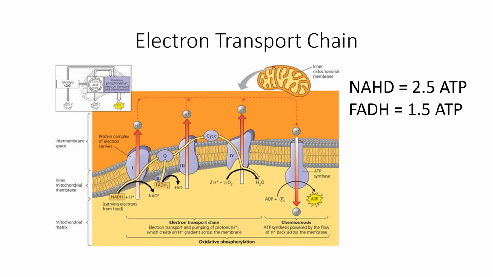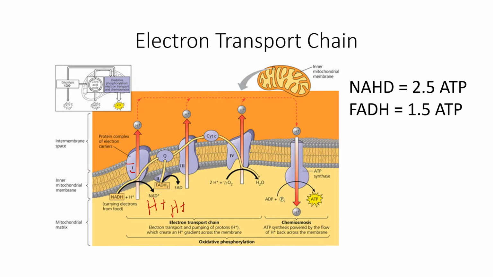And in essence, then, complex 1 becomes reduced because it has gained, ultimately, electrons. Okay. The electrons are passed to complex 1, and actually the hydrogens, minus their electrons, stay within the matrix.